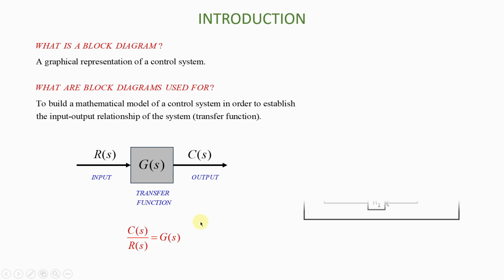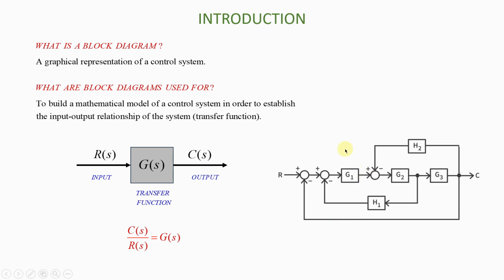And so let us now look at a real example of a control system, which is what you see here. As you can see, you do not just have one block as we had in this very simple example, but rather you have a number of blocks in the system, and you can see that you have so much going on here.